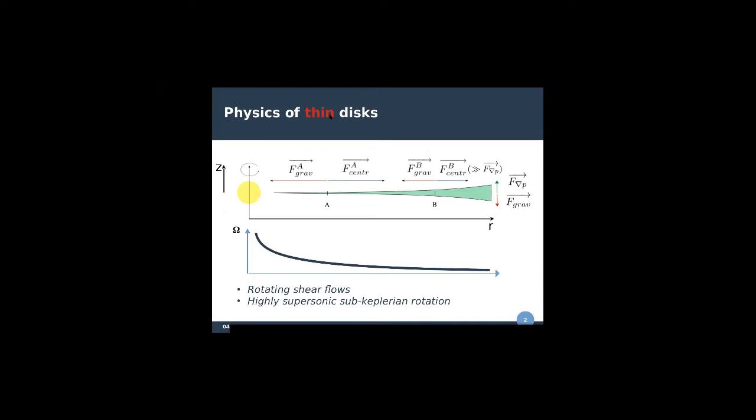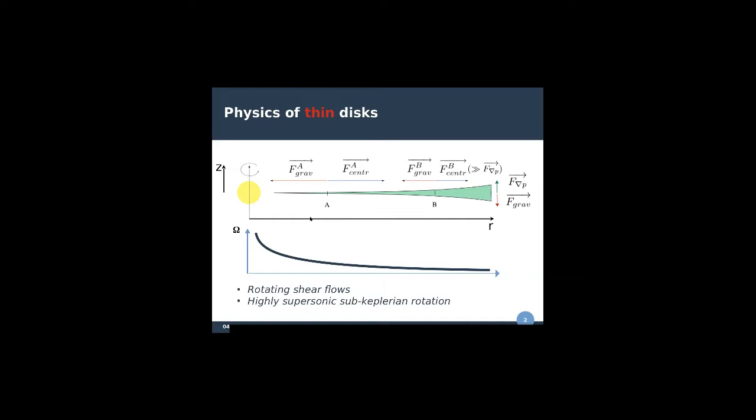That's the reason why they are in Keplerian rotation. And indeed, in the radial direction, I don't know if you see my mouse, but the pressure gradient is quite negligible. That's why it's very close to Keplerian rotation. And all the dynamics of the disk is based on this rotation.